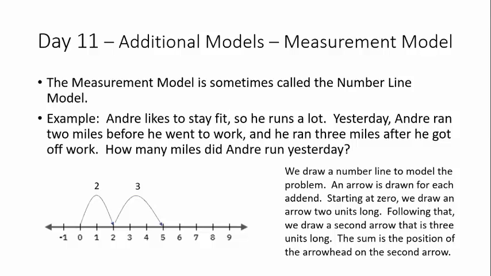After work, he ran 3 miles, so we draw another arrow that begins where the first one stopped. And we hop 3 units, and the arrowhead now ends at 5. So we see the add-ins 2 and 3, and the sum is where the second arrowhead stopped. The sum is 5.